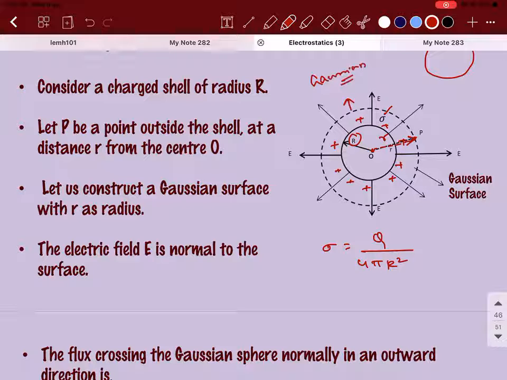As I'm telling, you keep drawing one by one, like how you did in the previous case. First, draw a spherical shell and consider the charge on top of it.